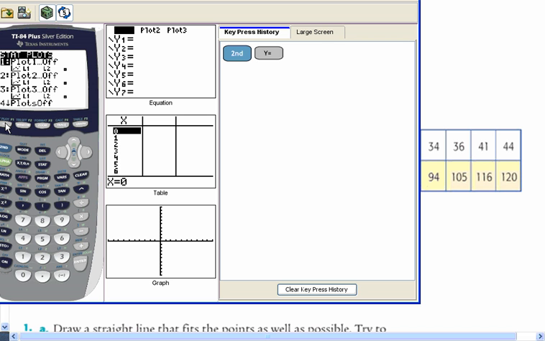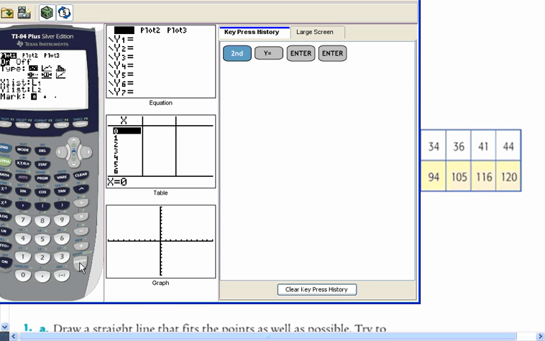Now remember, you can pause wherever, like if you're trying to find these buttons on your calculator, you're wondering where they are. Then I'm going to press enter. And I have to turn this plot on. To turn it on, you use the enter button. Now notice it's highlighted on the on and not the off. The rest of it is good: the type, the list, L1, L2, the mark, all that is good. So I can make my graph now, if my window is set okay.